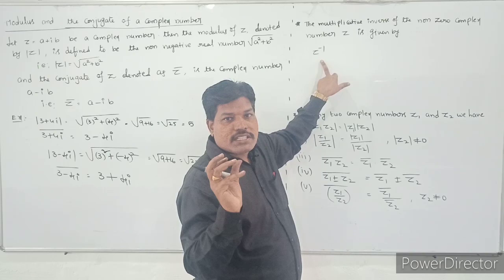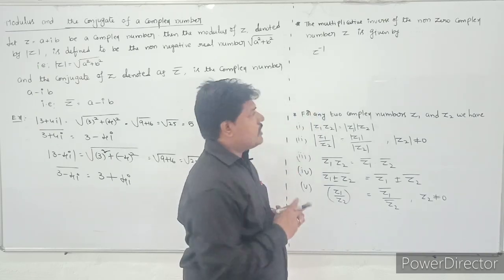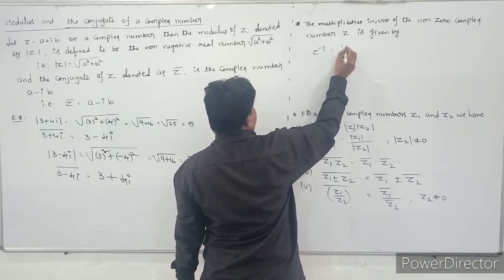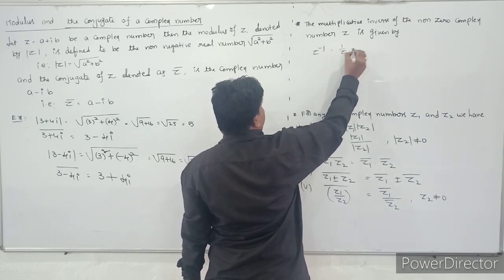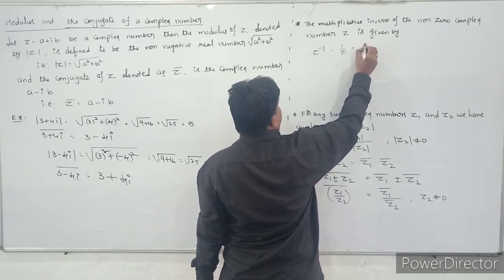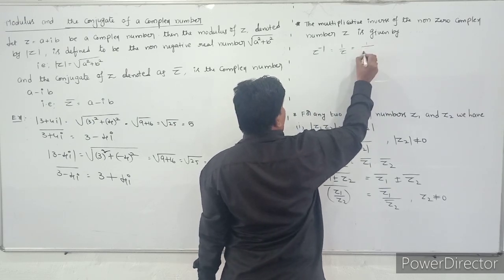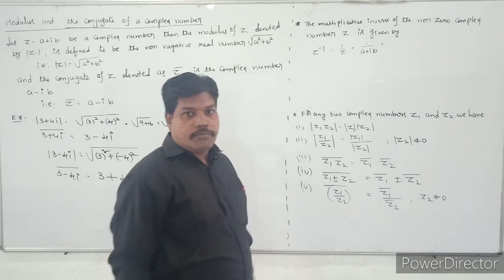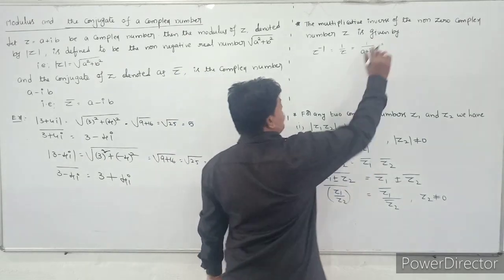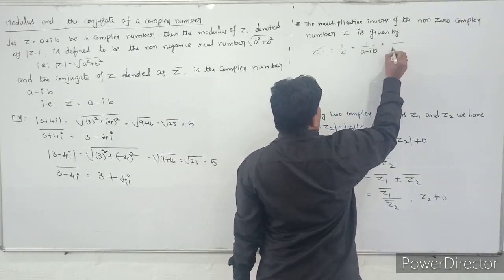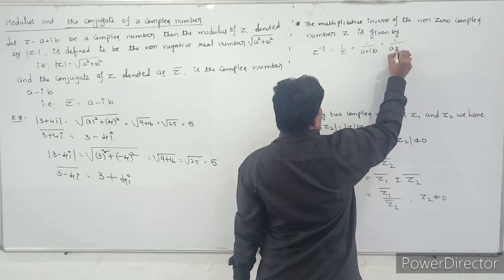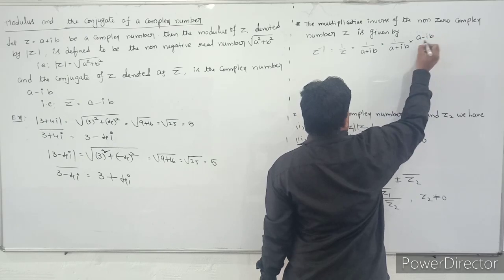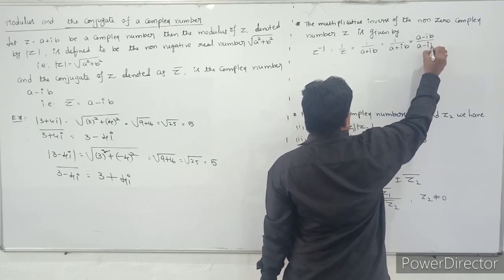So we will give some condition here. What is that condition? z inverse is equal to 1 by z. What is the 1 by z? 1 by z is nothing but 1 by a plus ib. So 1 by a plus ib, what will we do? 1 by a plus ib into a minus ib by a minus ib.